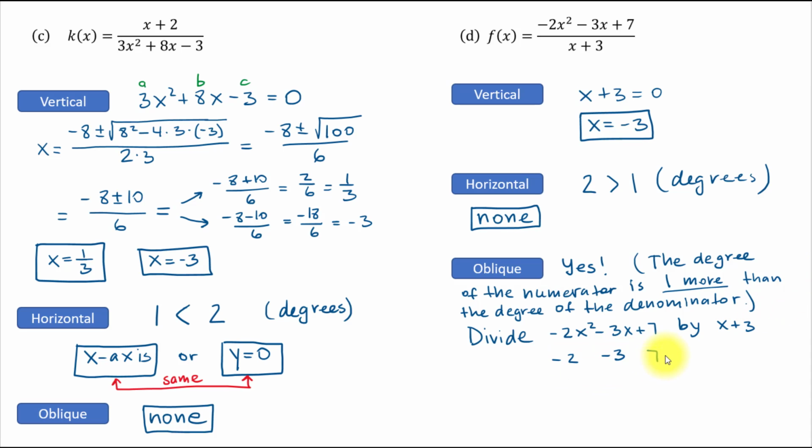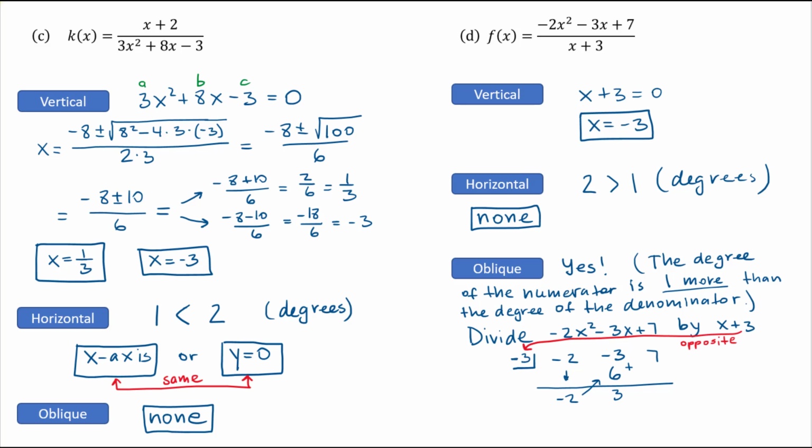Here are the coefficients of the first polynomial. And in the box, I place the number that's opposite to the one that I have here in the second polynomial. I start by bringing -2 down, then it's -3 times -2, which is 6. I place it here. -3 plus 6 is +3.